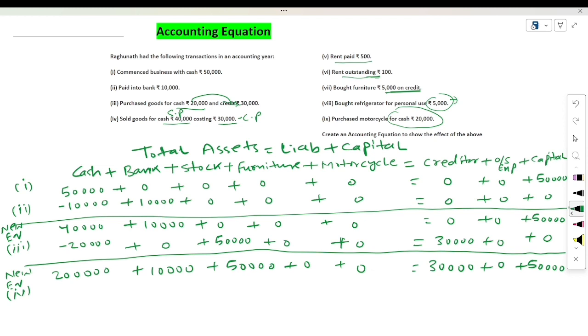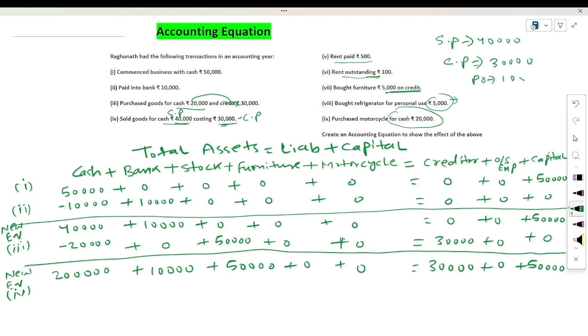In transaction number 4, sold goods for cash, how much? 40,000. Costing how much? 30,000. It means selling price 40,000 and cost price how much? 30,000. Here the proprietor is getting profit.